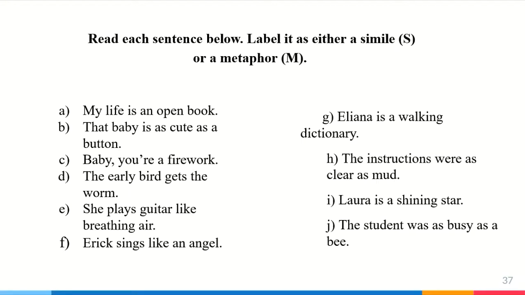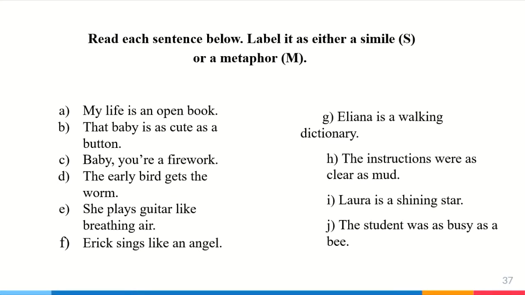Here's an activity about simile and metaphor. Read each sentence below and label it as either a simile or a metaphor. A, my life is an open book. B, that baby is as cute as a button. C, baby, you're a firework. D, the early bird gets the worm.